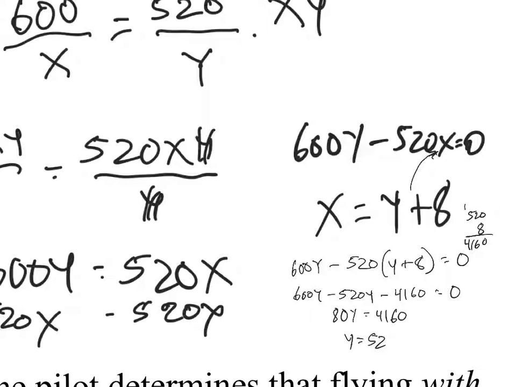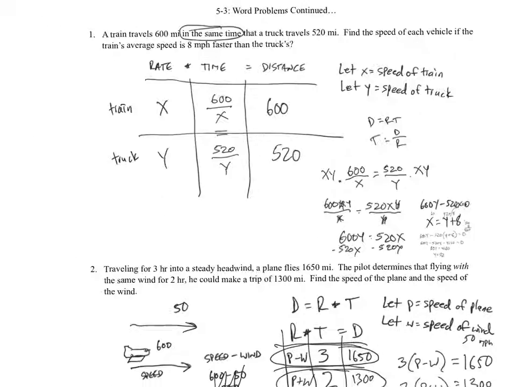We know from this thing here, x equals y plus 8, so 52 plus 8, we know that x is going to be 60. So our answer, essentially, for this is the speed of the train is 60 miles per hour.